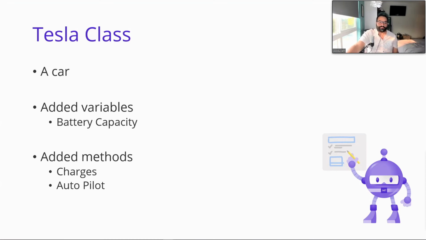Or an autopilot. If you want to start the autopilot and have the Tesla actually do that action, then we need a method for it. So that's how you can think about objects and classes and how a class can inherit from another class.